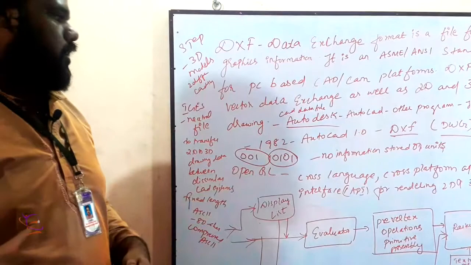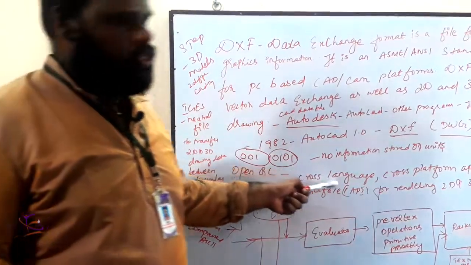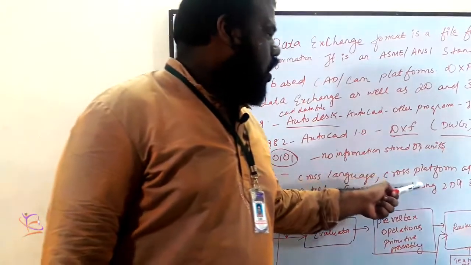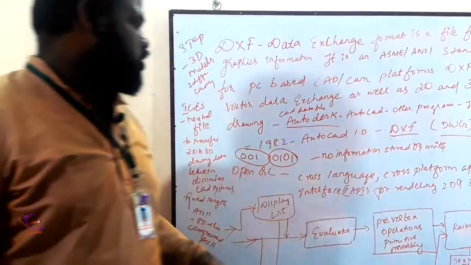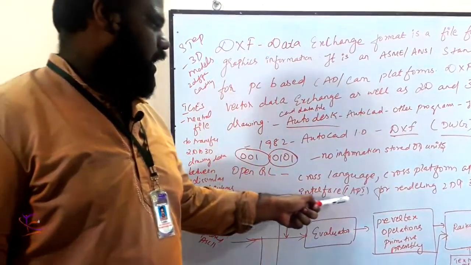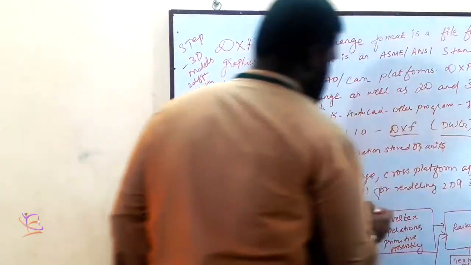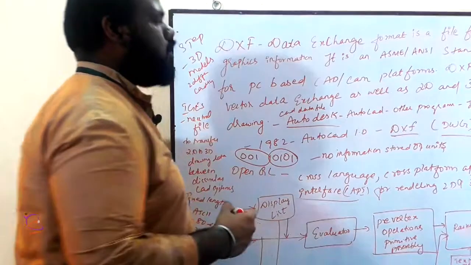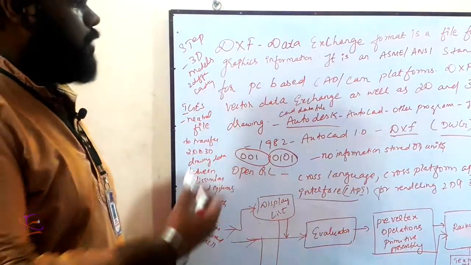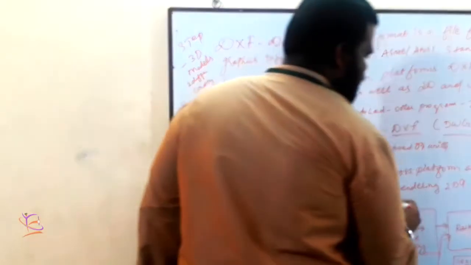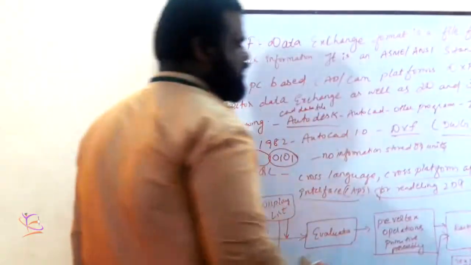It's a cross-language, cross-platform application programming interface, API. What is an application programming interface? A cross-language, cross-platform application programming interface for rendering 2D and 3D vector graphics. What is rendering?